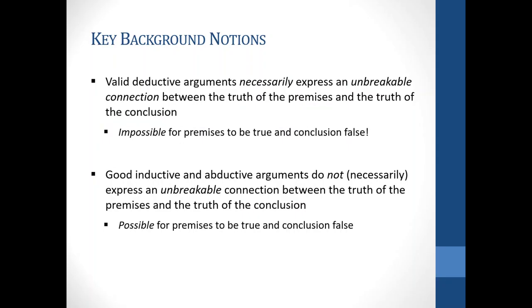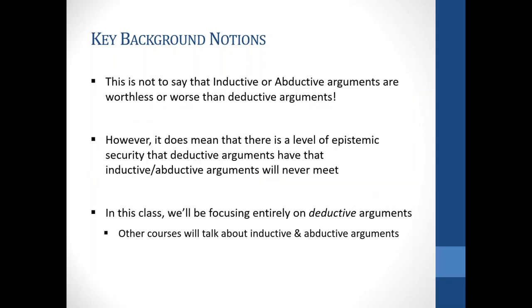So, let's move quickly here. This isn't to say inductive or abductive arguments are bad, or useless, or worthless. They're just different. They're aimed at different things. It does mean, though, that valid deductive arguments have a level of epistemic security. The knowledge that they provide is secure in such a way that the other arguments can't really meet.